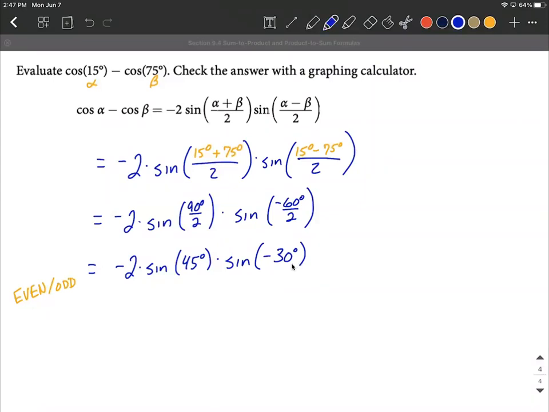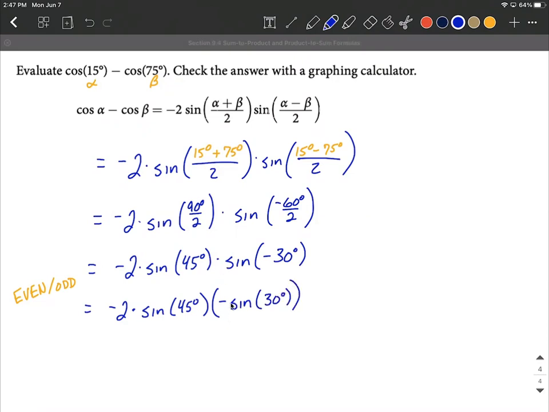To get rid of this negative, we need to make it a positive angle on the inside, but that's also going to bring a negative out in front. So I can rewrite this as negative 2, and we will evaluate everything completely in just a minute. But for the time being, using this even odd identity, I'm going to put a negative out in front and say sine of positive 30 degrees on the inside.